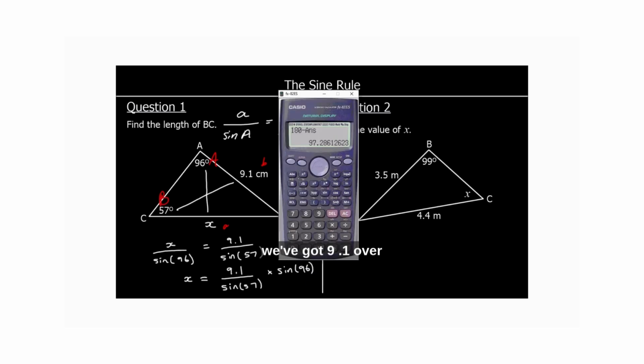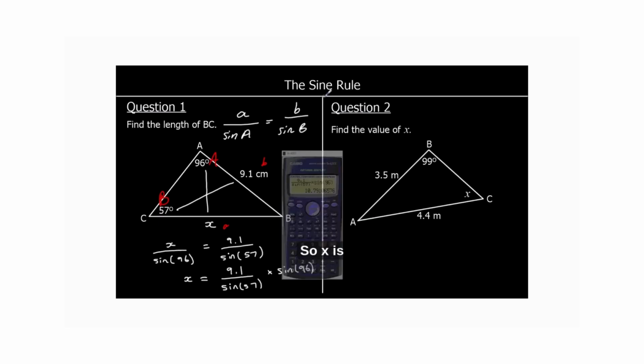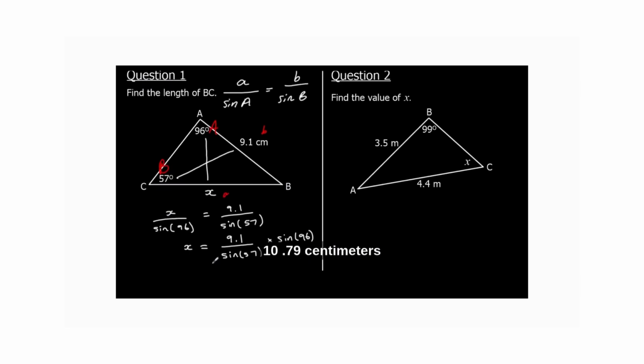So we've got 9.1 over sine 57 times sine 96. Type it into the calculator and we get 10.79 to 2 decimal places. So x is 10.79 centimeters to 2 decimal places.